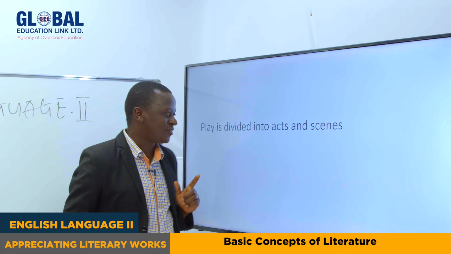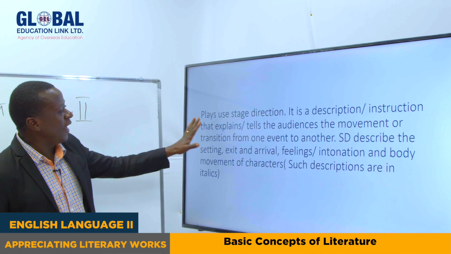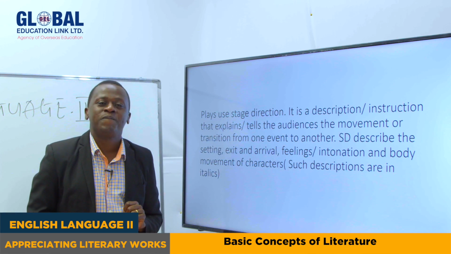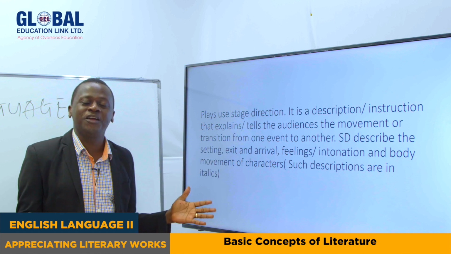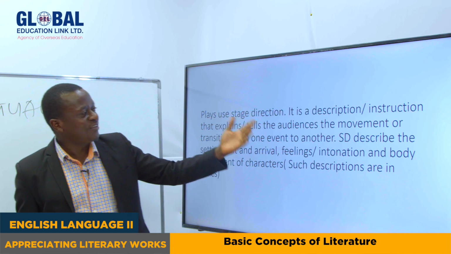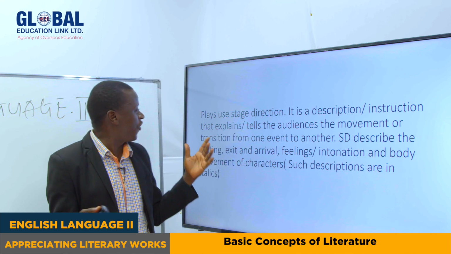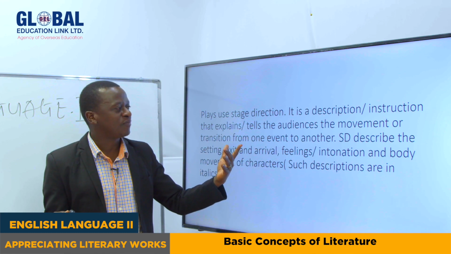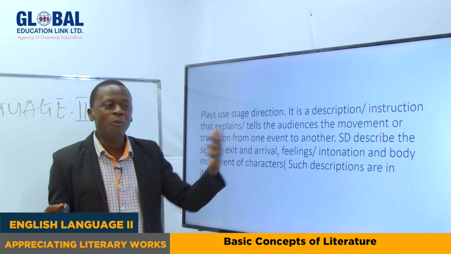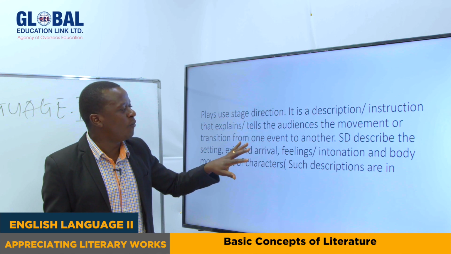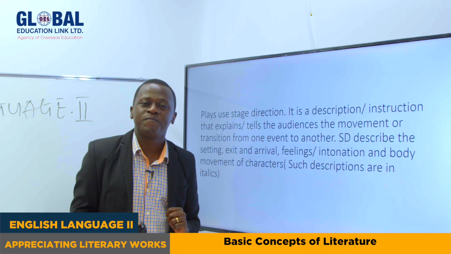And here it is: plays use stage direction. Now, what is a stage direction? Stage direction is a description or an instruction that tells the audience the movement, the transition from one event to another.